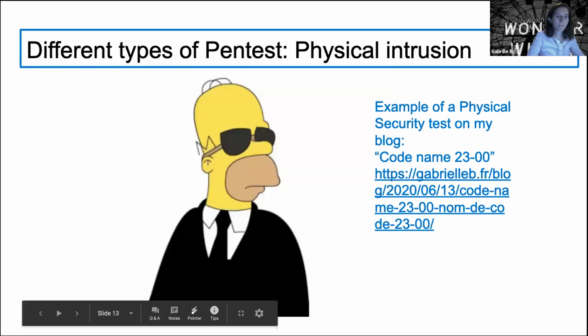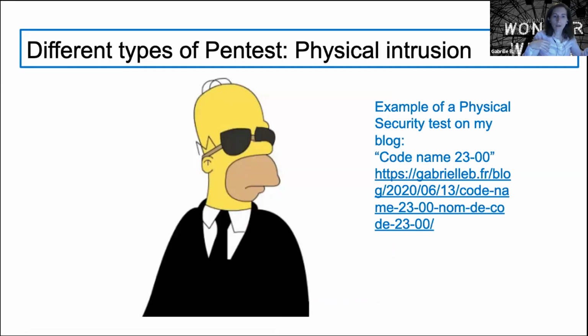There's also physical intrusion. So we are going to try to break into a building, and we can make scenarios to try to manipulate people to let us in, or break in at night, for example. So we have several objectives to achieve, like get into the data center of a company, or get to the office of the director, or things like this.